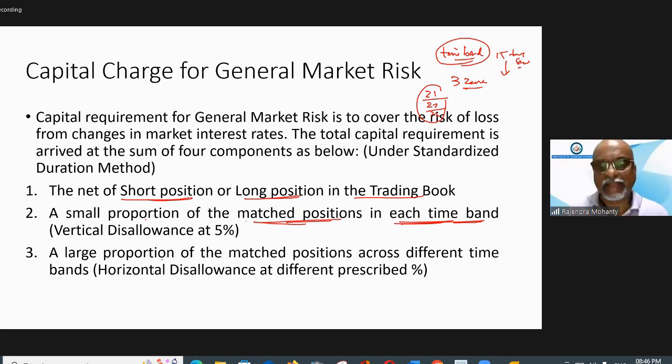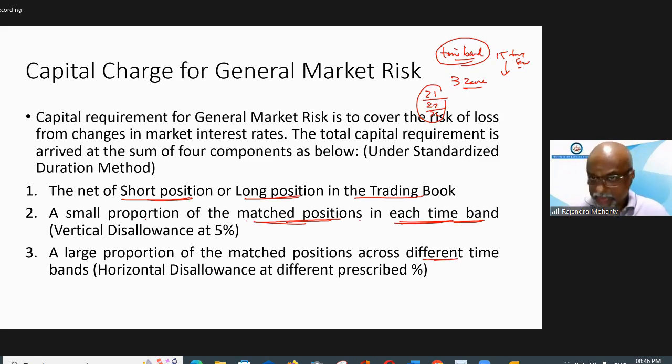Third is a large proportion of the matched positions across different time bands. Whenever there is no equal time band, whenever there is a different time band, horizontal disallowance has to be calculated, and that is prescribed at a different percentage as given by RBI.